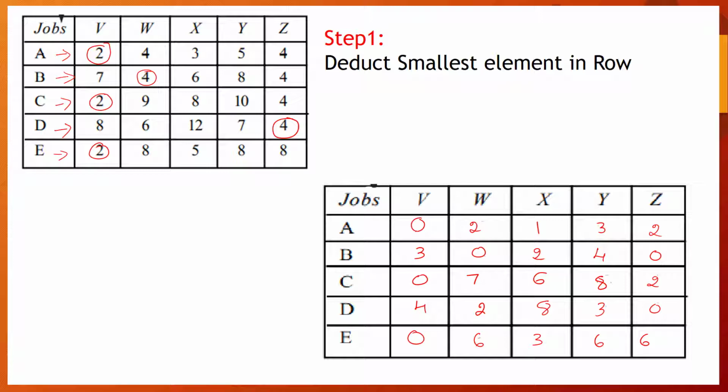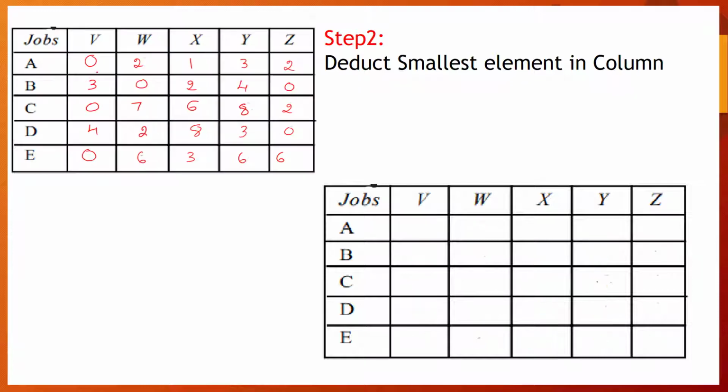In the next step we need to perform the deduction of the smallest element in the column on the same table. So let me copy this table to the next slide. I have copied the table after the row reduction. Now we need to do the same with the column.